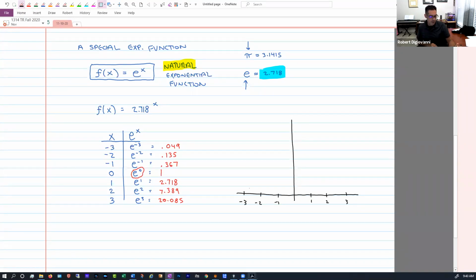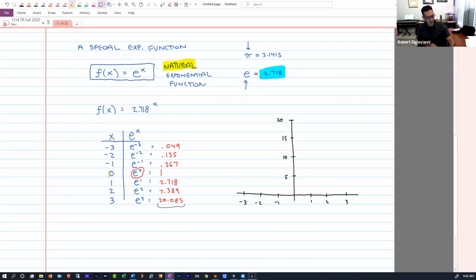And then I'm going to start plotting my points. I'm also going to keep in mind that the biggest value I have is 20. So I'm going to put 20 way up here, and then this would be about 10, maybe 5, 15. Now we're just going to kind of estimate where things are.